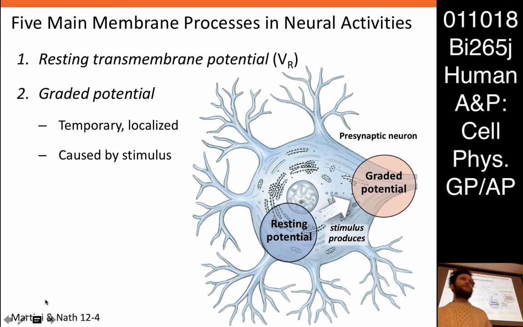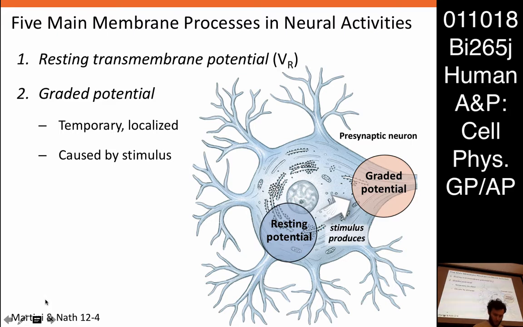If you're not sure what an electrical potential is, that's okay, I'll describe it a bit more in a slide or two. We're going to represent it with the letter V for voltage, because voltage is the term that we use to describe electrical potential. And V sub R for resting. The resting potential is V sub R.